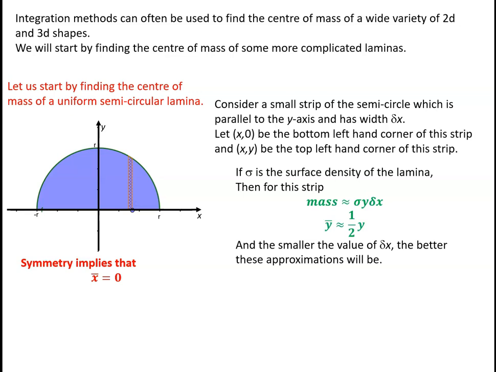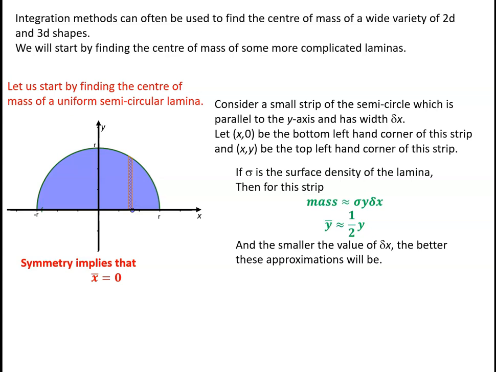If the surface density of the lamina is sigma, then for this strip the mass is going to equal sigma times the area of the strip, and the area of the strip is approximately y times delta x, because the strip is very close to being a rectangle of width delta x and height y.